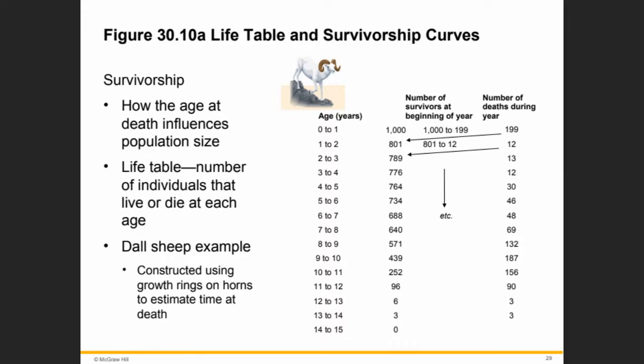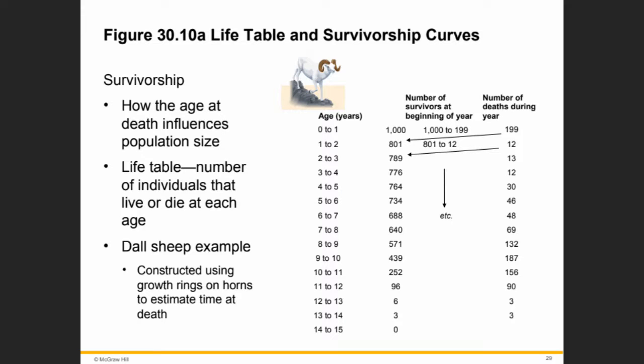So this shows the number of individuals that live or die at each age. The doll sheep is a good example.